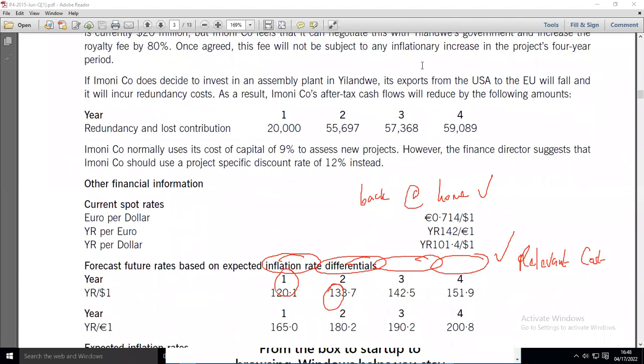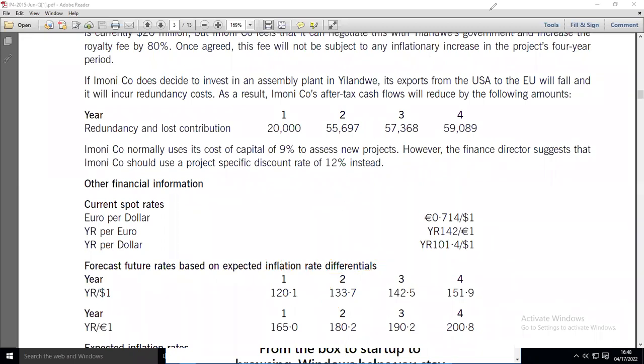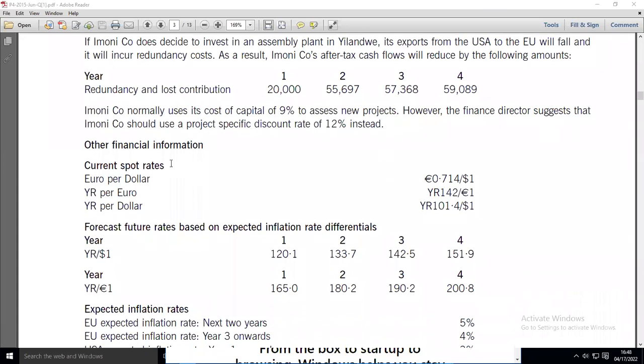Now we have seen that there are 3 currencies involved. That is why we're not surprised that there are 3 exchange rates: the euro and the dollar, the Rand and the euro, the Rand and the dollar.